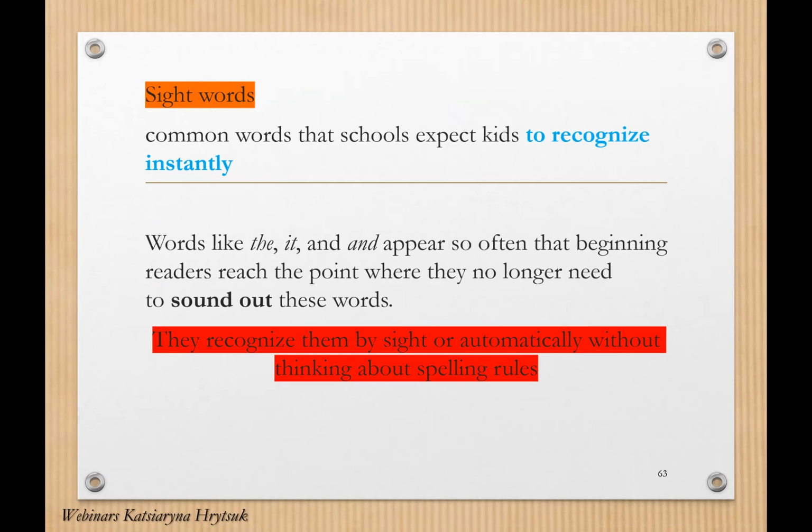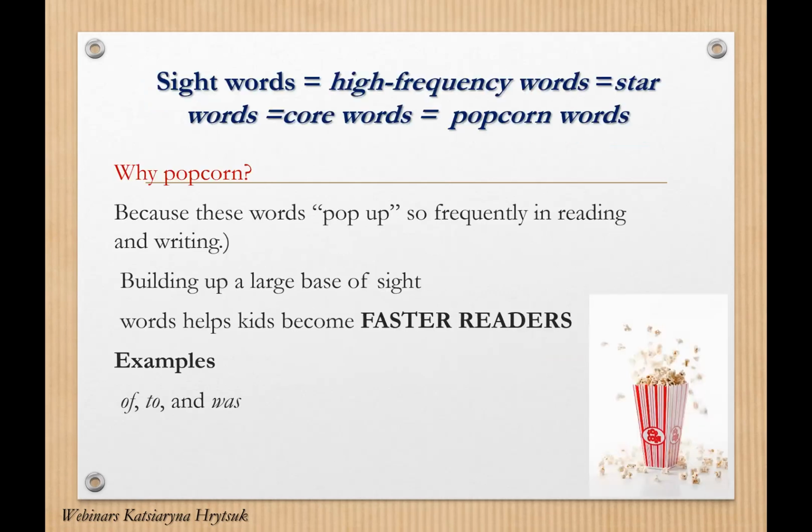You recognize them by sight, automatically, without thinking about spelling rules. So these words we call sight words. We also can call them high frequency words. They are very frequent. We also can call them star words. We also can call them core words.